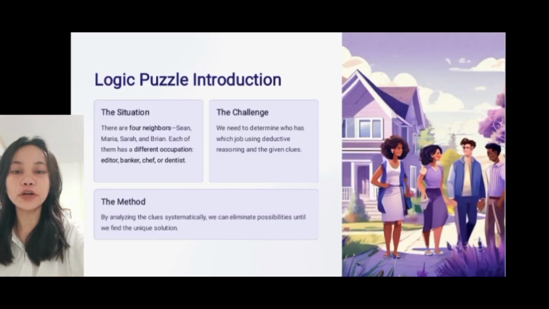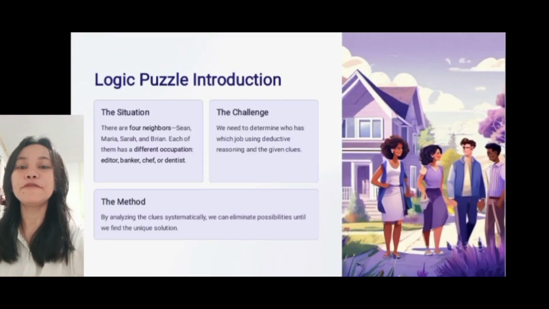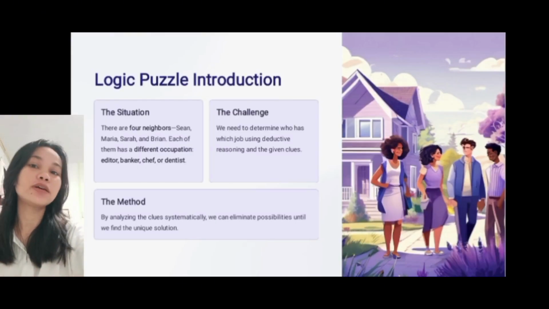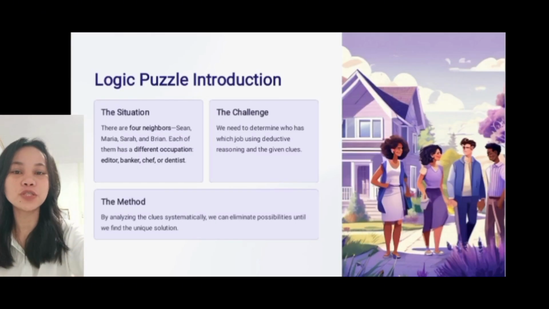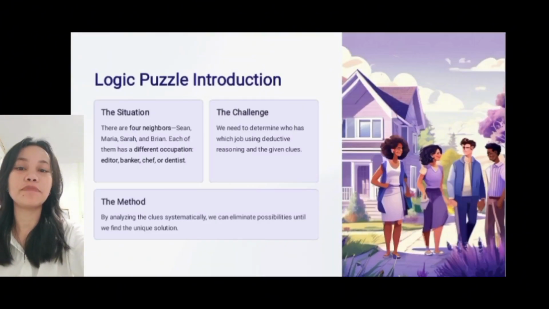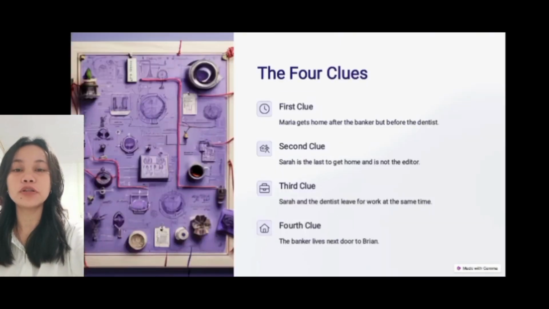We have four clues to determine who has which job. Maria gets home after the banker but before the dentist. Sarah is the last to get home and is not the editor. Sarah and the dentist leave for work at the same time. The banker lives next door to Brian.